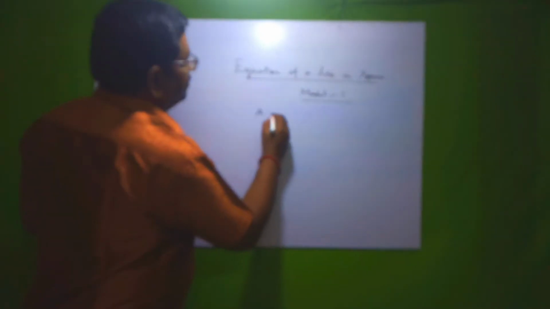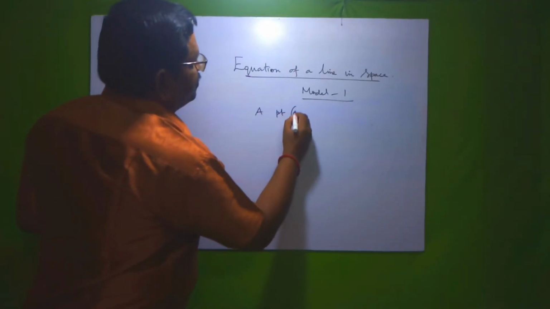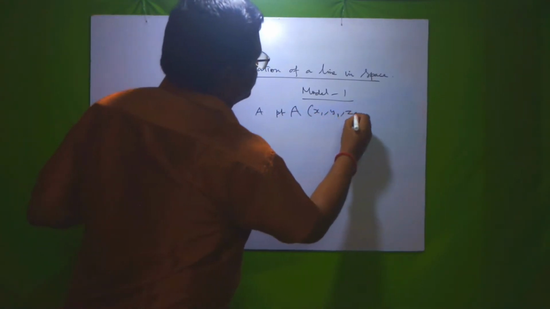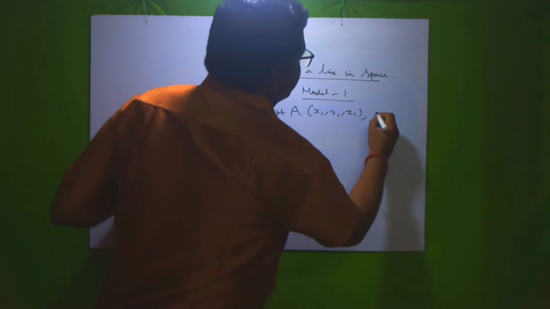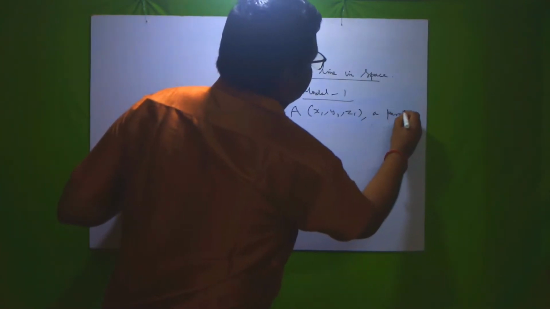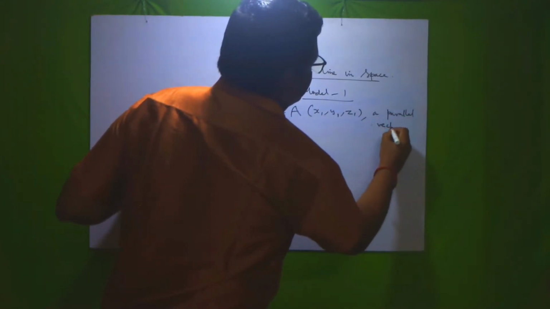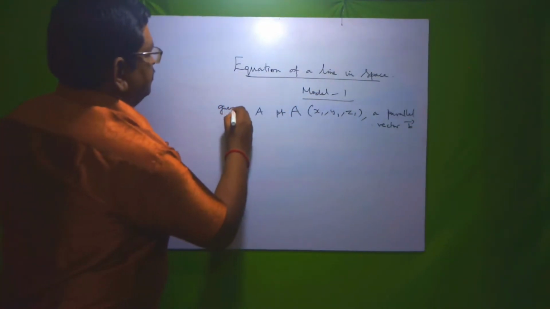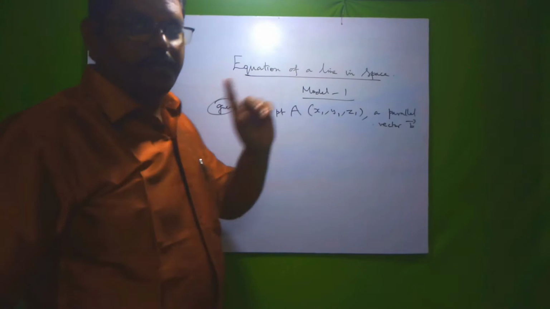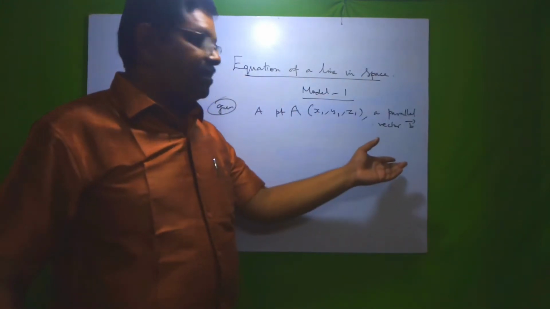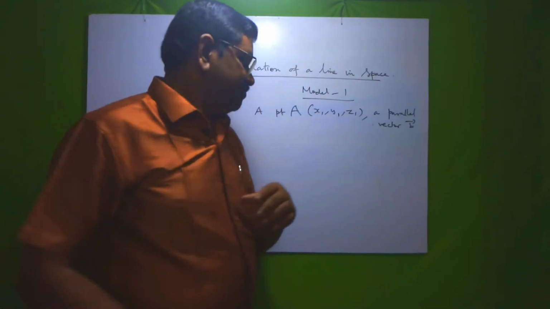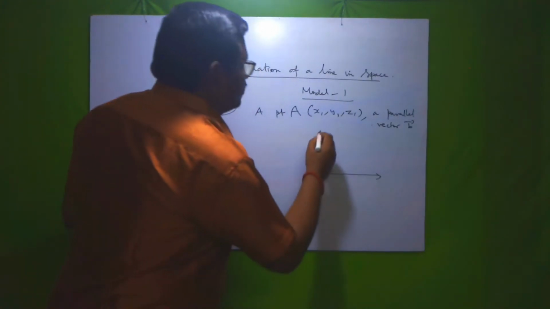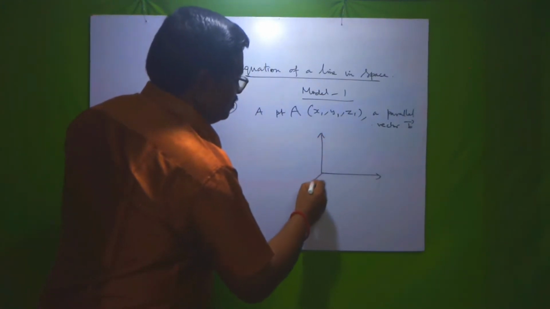A point is given. Say that point is A, that is x1, y1, z1, and a parallel vector B. These two things are given. So a point A and a parallel vector B are given. Let us take the three-dimensional plane.